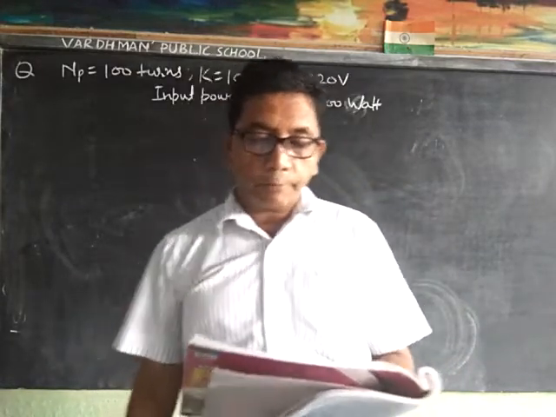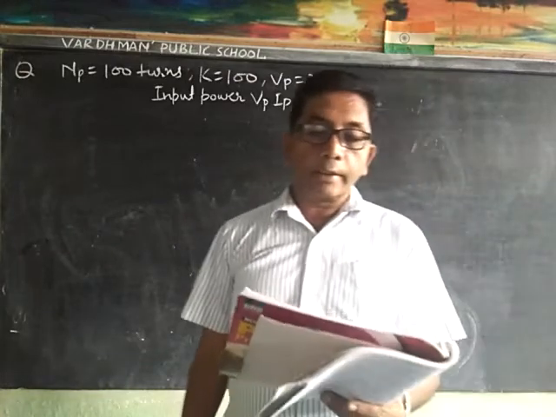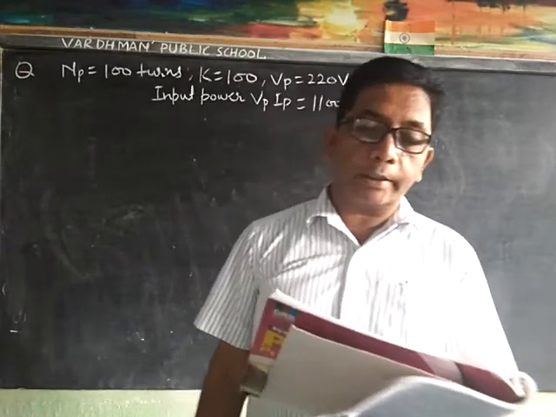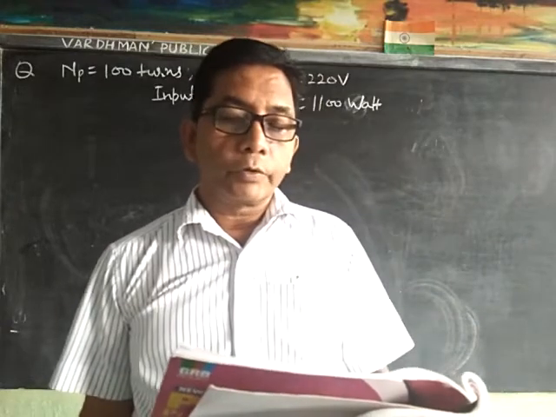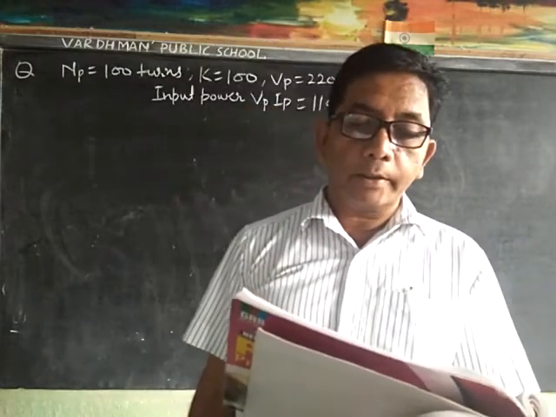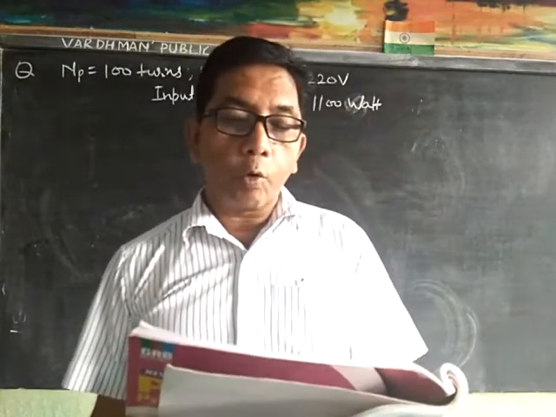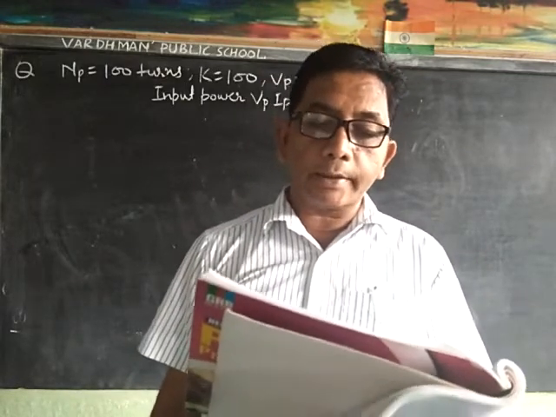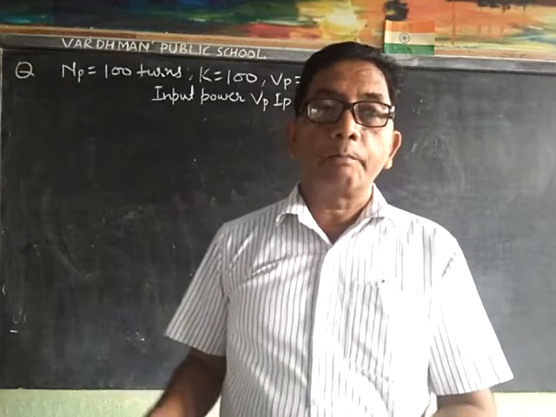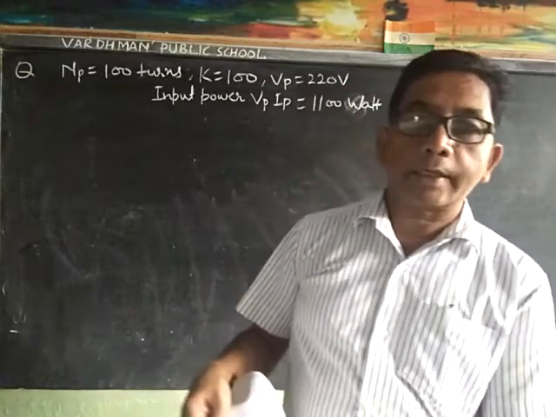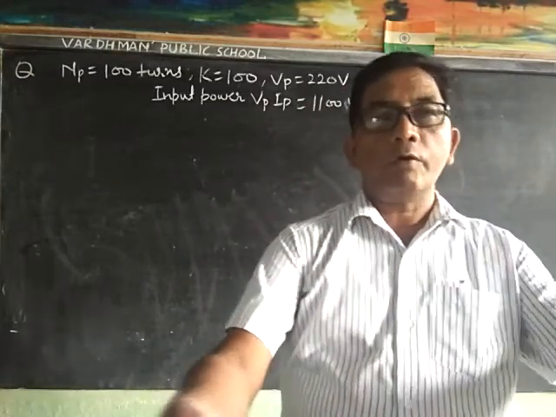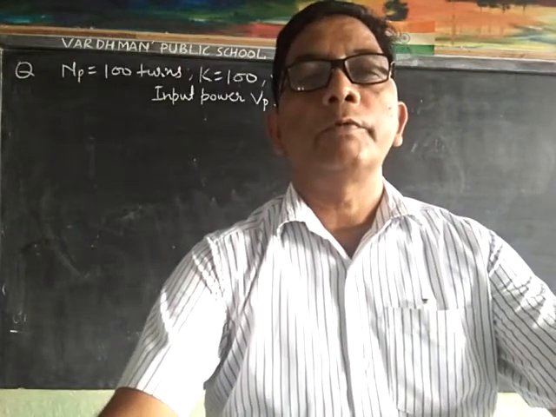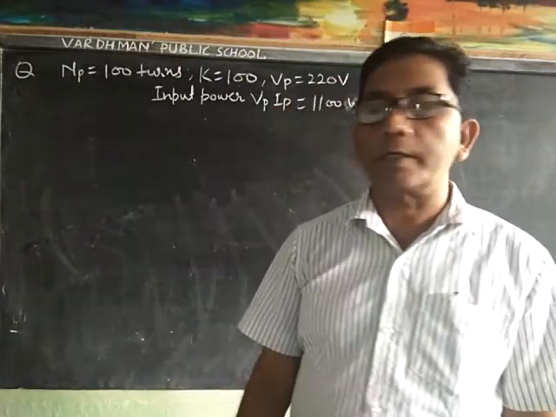Calculate: first, the number of turns in the secondary; second, the current in the primary; third, the voltage across the secondary; fourth, the current in the secondary; fifth, the power in the secondary.